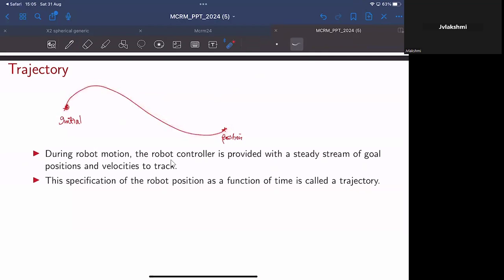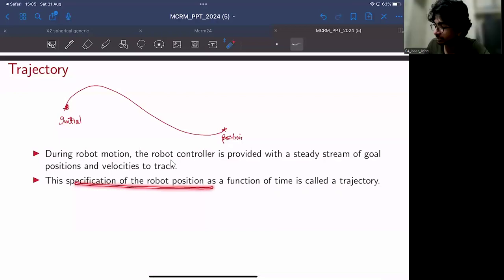All sorts of ways are possible to go through this path from start position to end position. It is when the time of each and every position along this path is specified that we define it as a trajectory, when time is also involved. The key definition is that the specification of a robot's position as a function of time is called a trajectory.